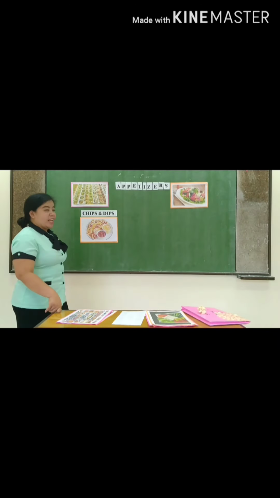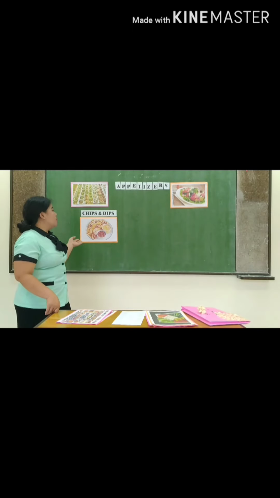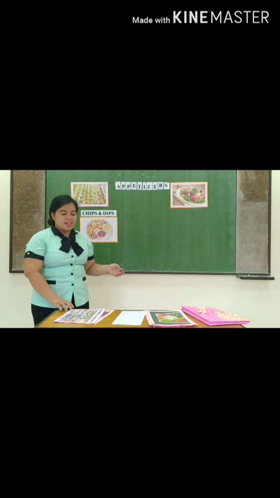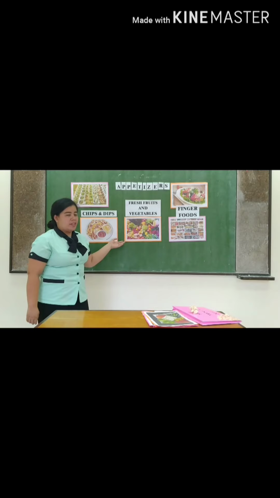So the fifth classification of appetizer is the chips and dips. It is composed of crackers and dips. So we may use butter, cream, or sour cream for our dips. The next classification of appetizer is the fruits and vegetables.